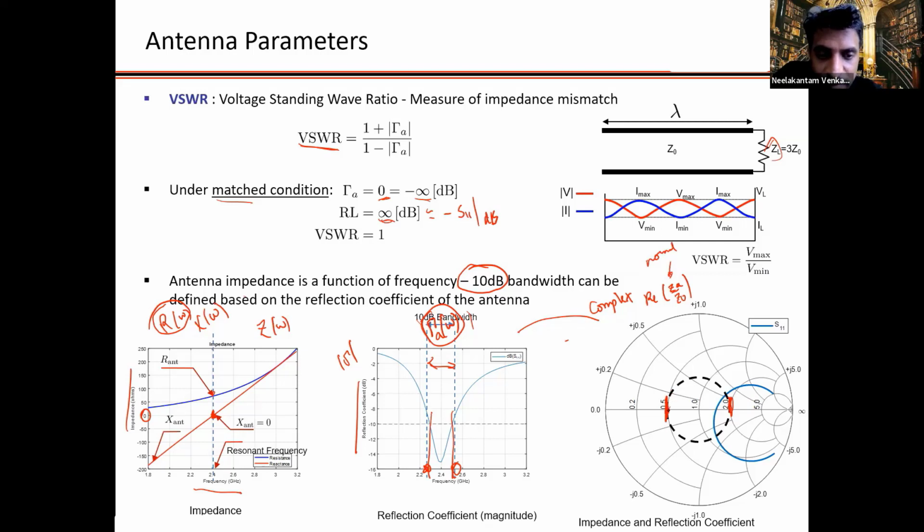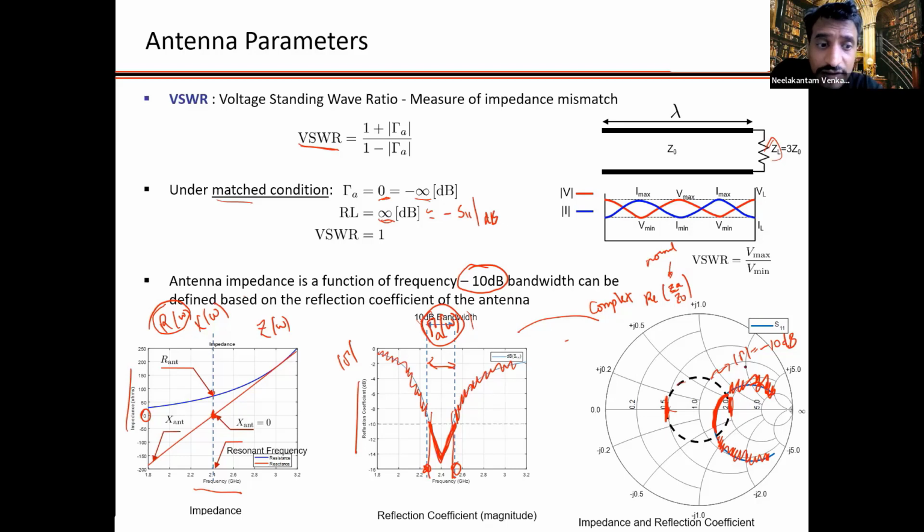And then if the real part is below 0.5, or above 0.5 and below 2.0, we say that if it is inside the circle, which is gamma equal to minus 10 dB, that's the minus 10 dB circle, which means all these points where gamma is less than minus 10 dB are going to be these frequency points, the response that you see here. Whatever is outside the minus 10 dB circle is this part here, and this part over here.